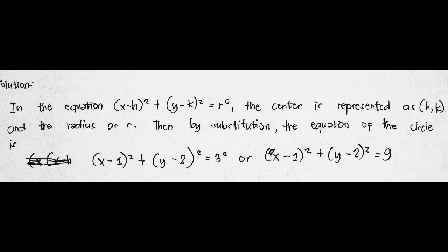It's because the center is 1 and 2, that is why x minus 1, and for y we have y minus 2. Our radius is 3, so the equation is x minus 1 raised to 2 plus y minus 2 raised to 2 is equal to 3 squared, or equal to 9, because 3 times 3 is equal to 9.